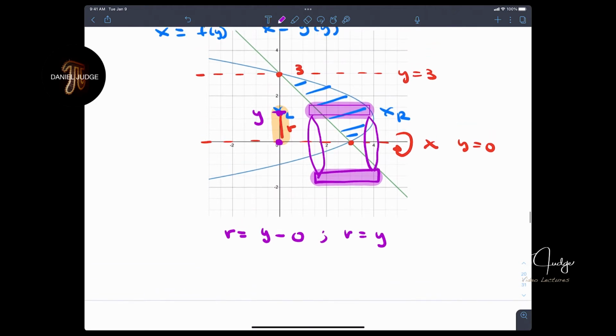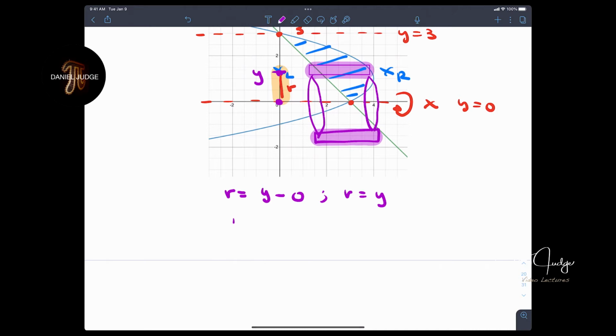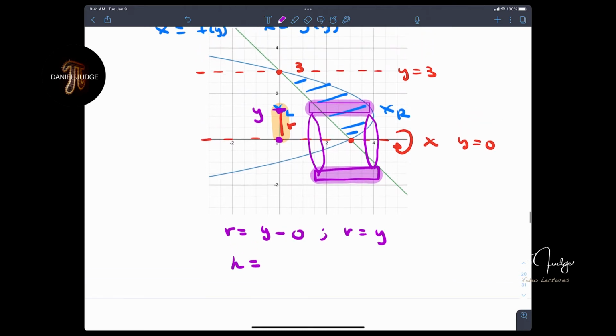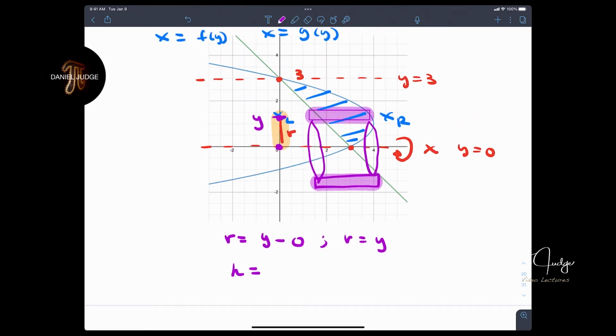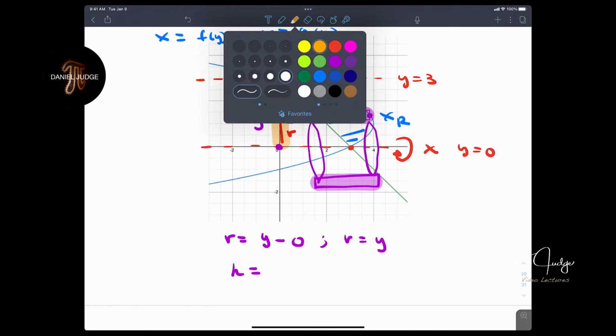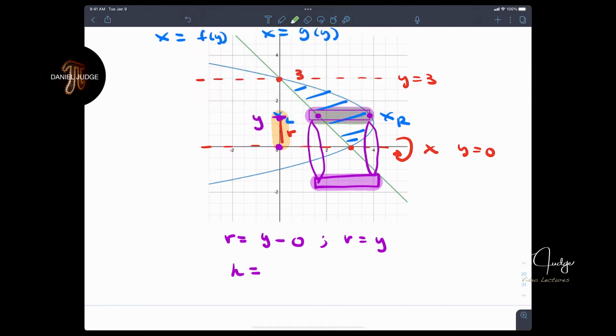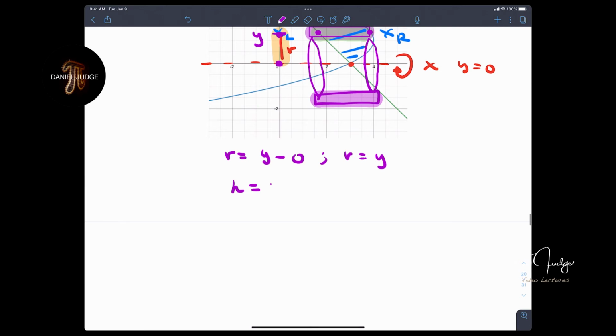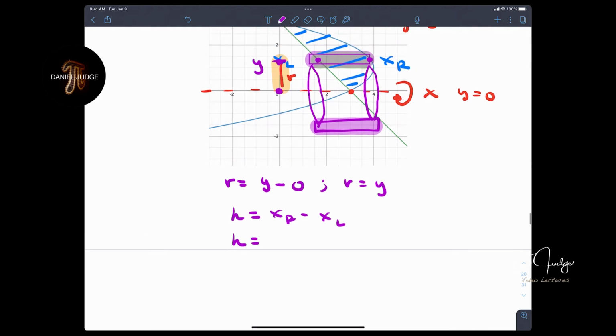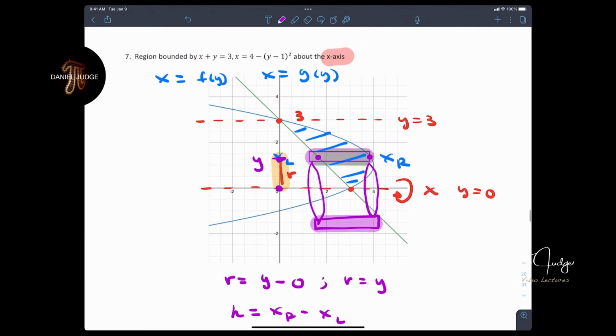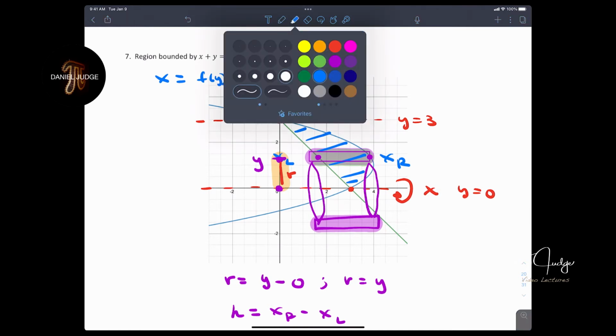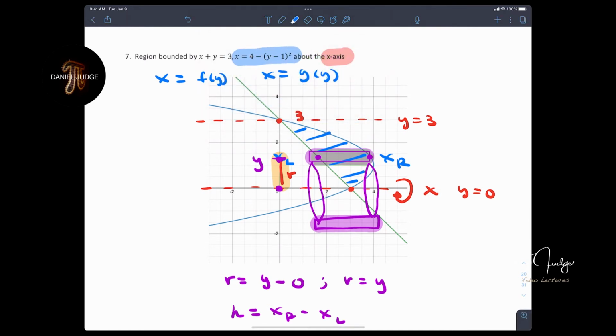So we want to now check the height. The height here of this approximating rectangle, again, is that horizontal distance, and we measure horizontal distance by a right value minus a left value. So we can say that XR minus the XL, but they're curves. You have the blue curve, which is a parabola. So that's this curve right here.